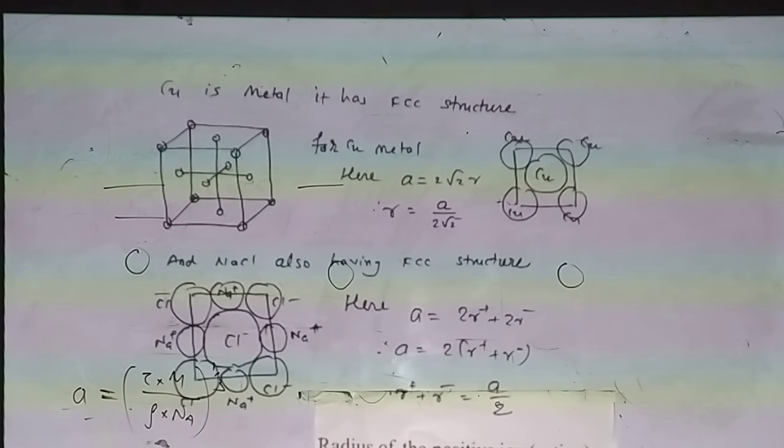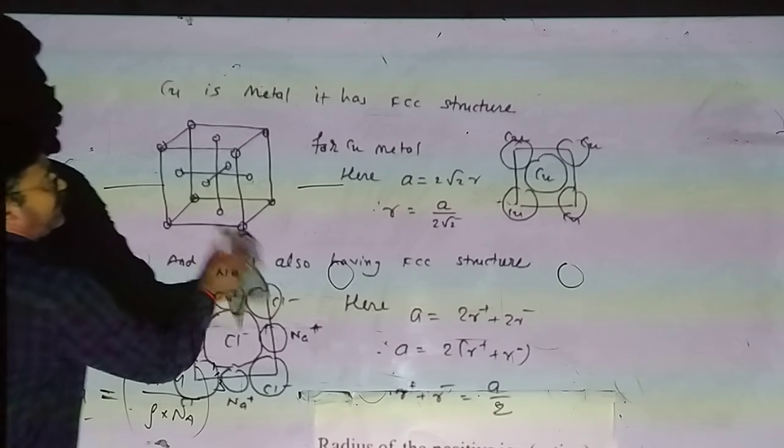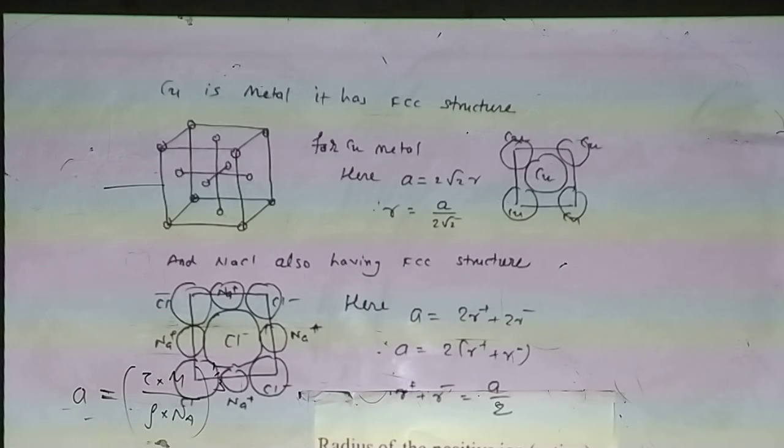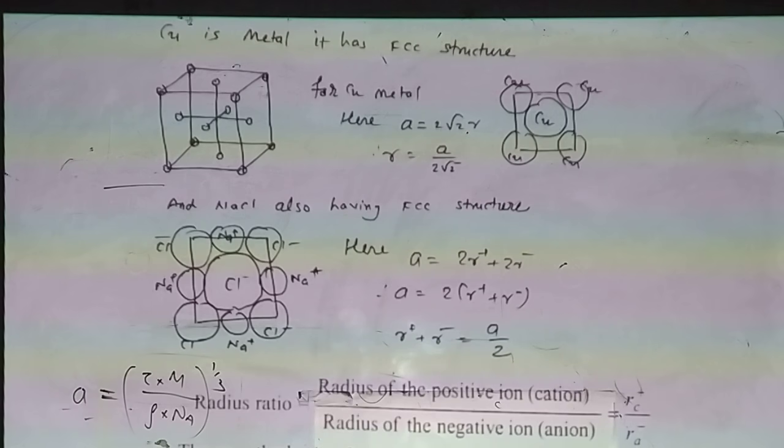Now you can see copper is a metal, it has an FCC structure. So for copper metal, a is equal to 2 root 2 R. Is it clear? So R is equal to a upon 2 root 2. NaCl, we discussed, here we are doing revision, has an FCC structure.